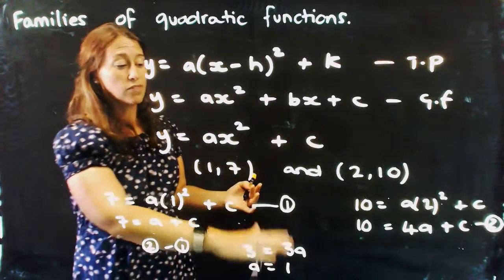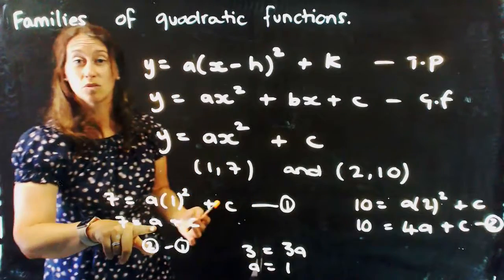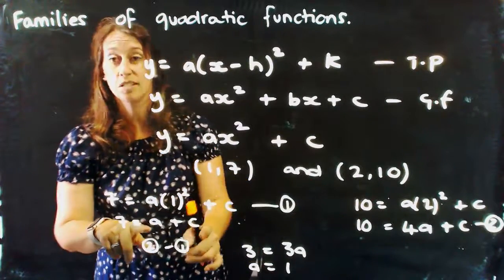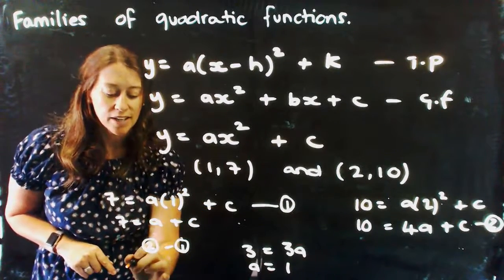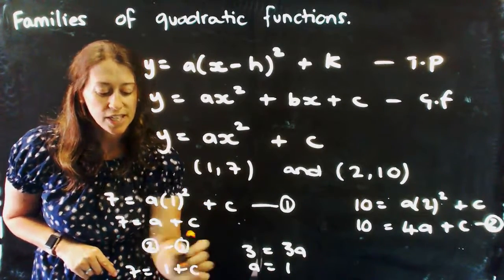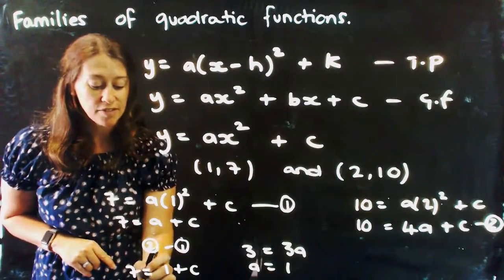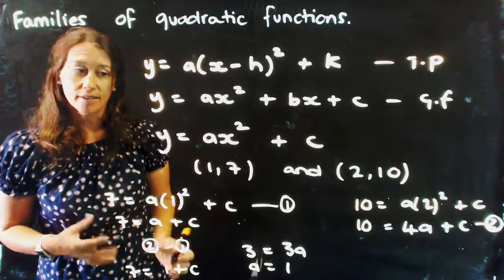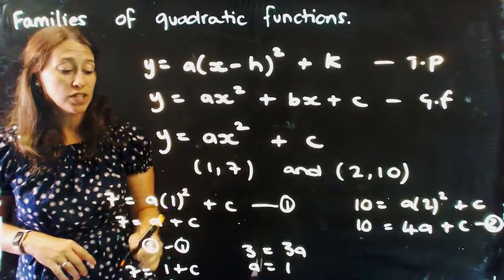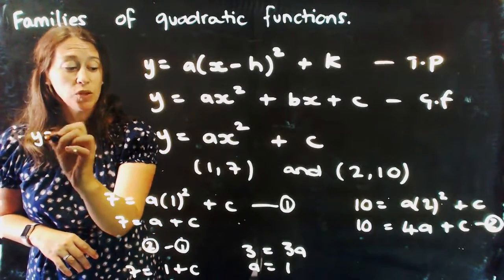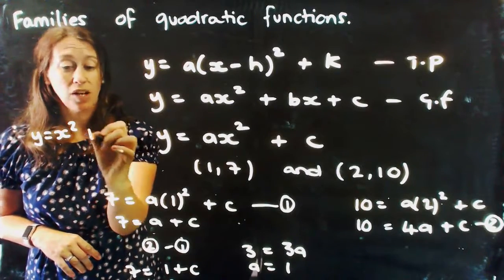I can now substitute that back into the first equation, which is easier for finding c. So 7 equals 1 plus c. Subtract the 1 from the 7, c equals 6. We can now say the quadratic equation we were dealing with is y equals x squared plus 6.